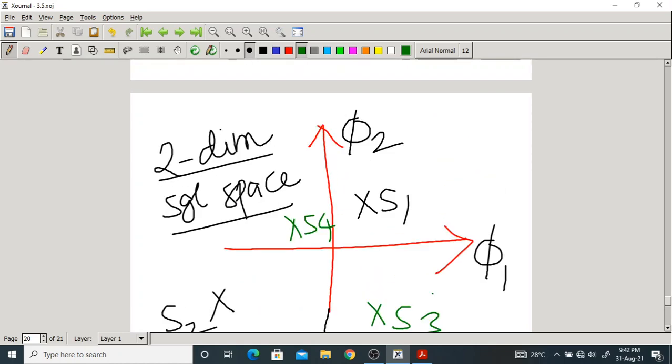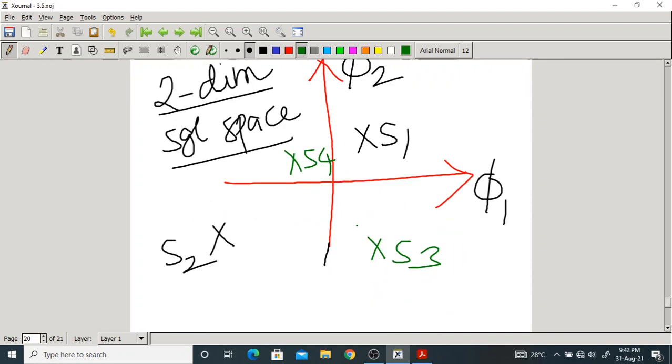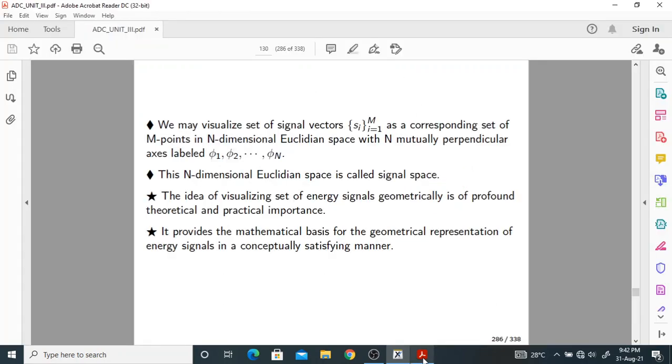This plays a greater role in digital communications. We represent signals in a geometry, and not only signals, noise also. So we represent signal plus noise in a geometrical space. It is called signal space.